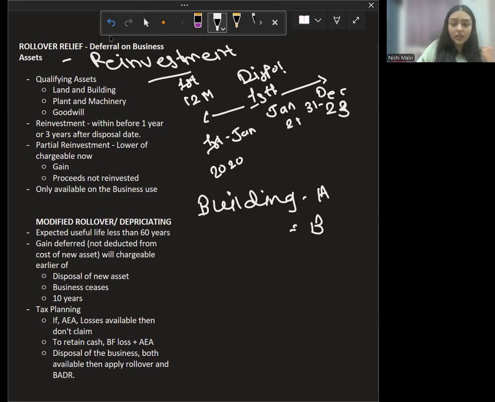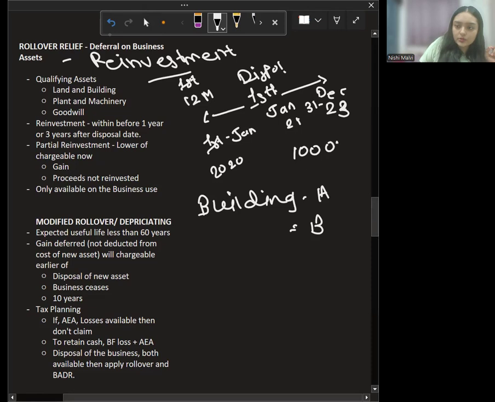Now, in rollover relief, whenever you are investing partially, suppose you received 100,000 pounds and you only reinvested 80,000 pounds.